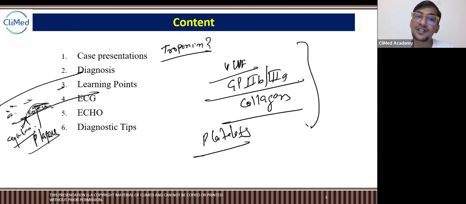The coagulation factors eventually make fibrin, and fibrin strengthens this plaque. This plaque is what in layman's language we call a block in the heart artery, and that is called the heart attack.